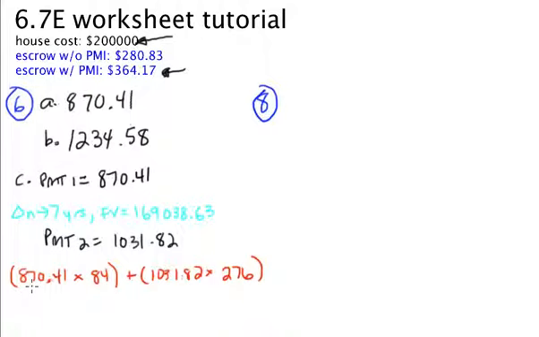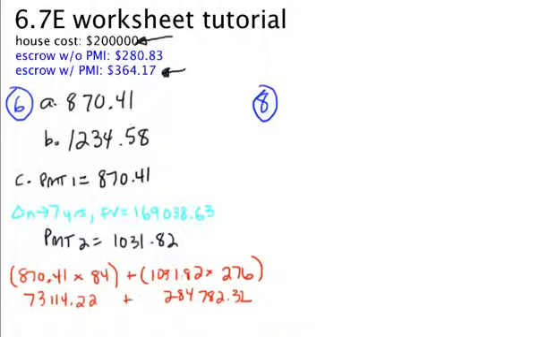So multiply that by 1031.82. And so for the second part of our loan, it's $284,782.32. For the first part of our loan, 870.41 times 84, $73,114.22. If this concept messes you up, remember I'm not testing on it. This was just part of an enrichment assignment. You add these two together, 284,782.32.